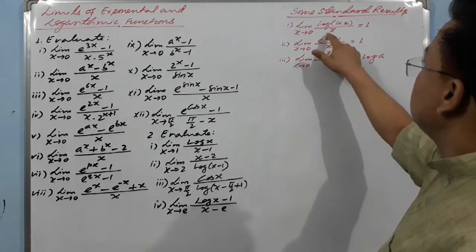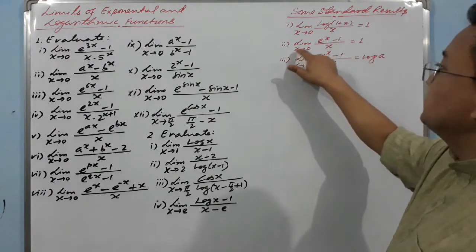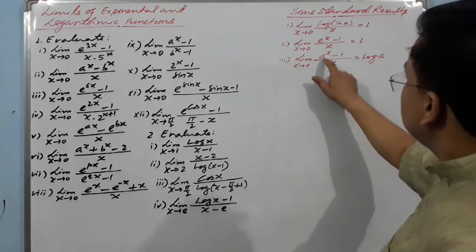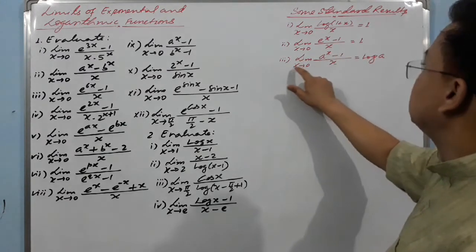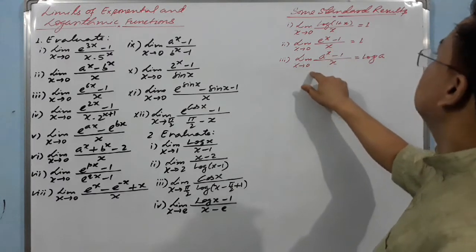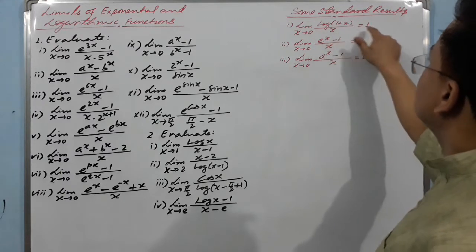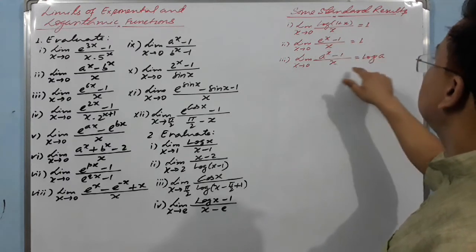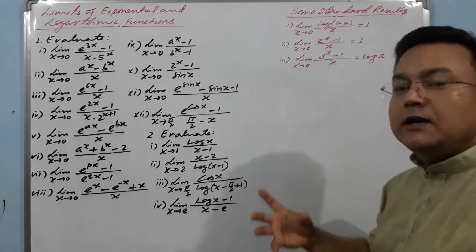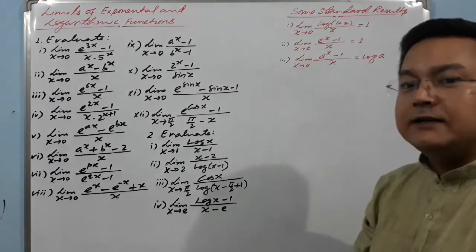In this way, suppose e raised to power m minus 1 over m as m tends to 0, like e raised to power x and x tends to 0, right? The exponent and the denominator must be the same, and this tends to 0, and then only we can write this. The limit of this is equal to 1, limit of this is equal to 1, limit of this is equal to log a. Already in one video I have proved all these standard results.